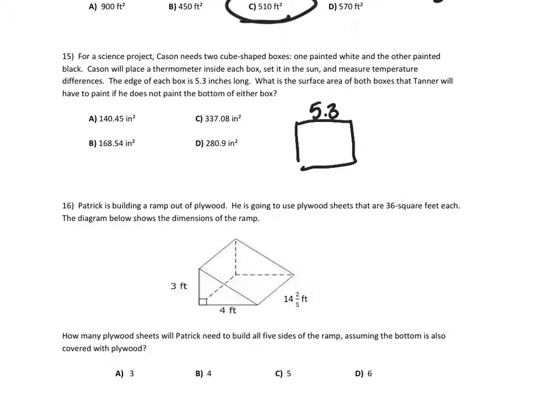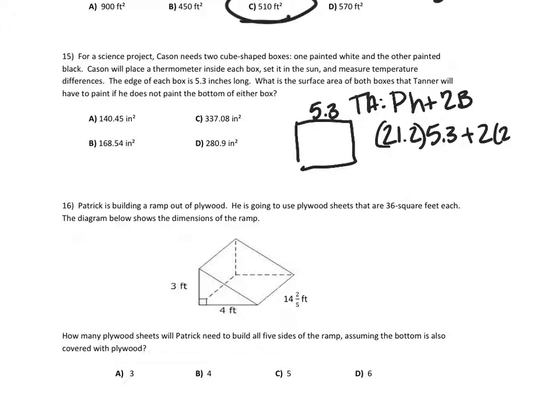So we're going to find the perimeter of the base. So 5.3 times 4. Okay, so that's 21.2 times the height, which is 5.3, plus 2 times the area of the base. The area of the base is 5.3 times 5.3, which is 28.09.